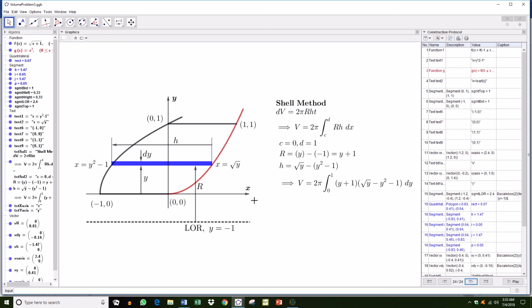And to get the height, the x value here is square root of y, because this point is on this red curve. And the x value here is y squared minus 1. So square root of y minus the quantity y squared minus 1 is our h. Plug and chug, you're done. That's it.